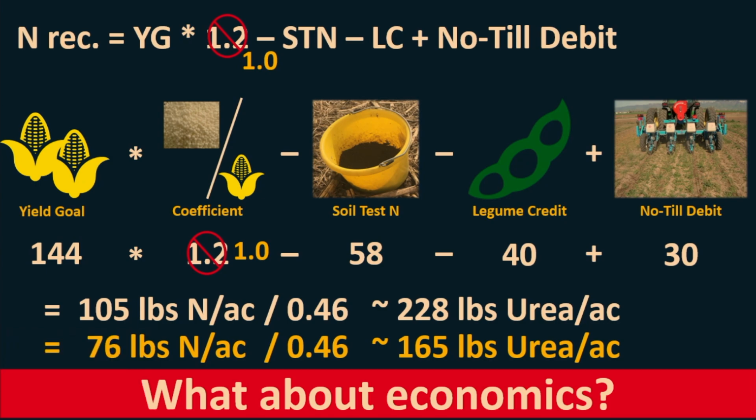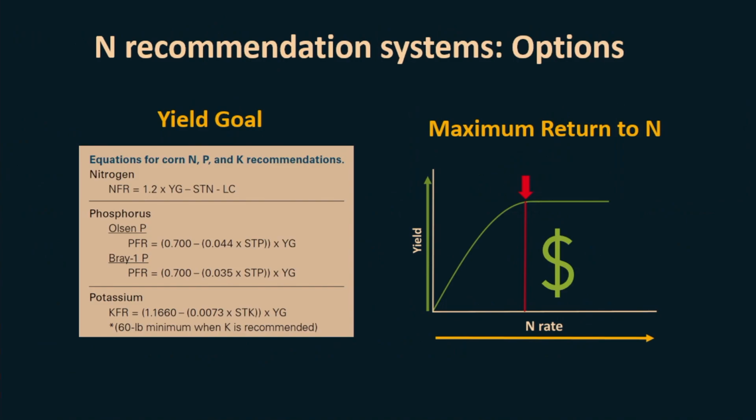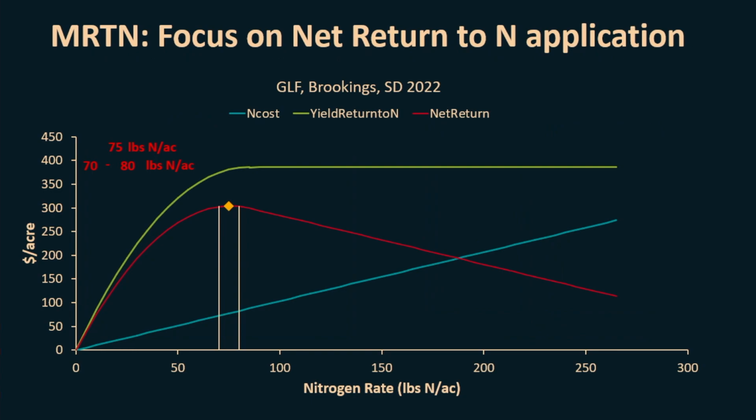What about the economics? Okay, I mentioned the maximum return to N. That's what it's all about. It's tying the price of nitrogen and the price of corn to the nitrogen rate. I still have a big problem with this in my mind because I'm a farmer. I paid for a lot of fertilizer before the first of the year, and I haven't sold 1 bushel of corn.